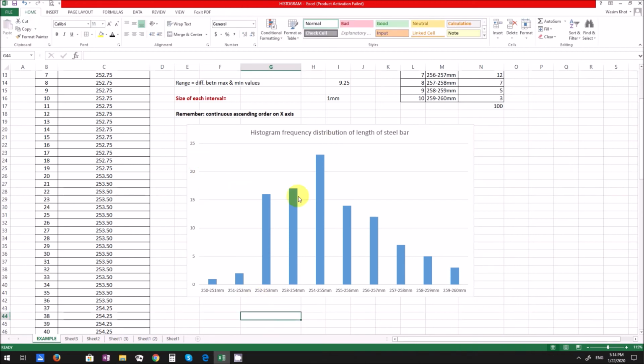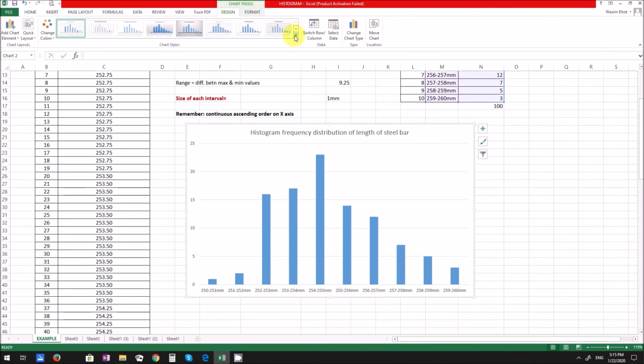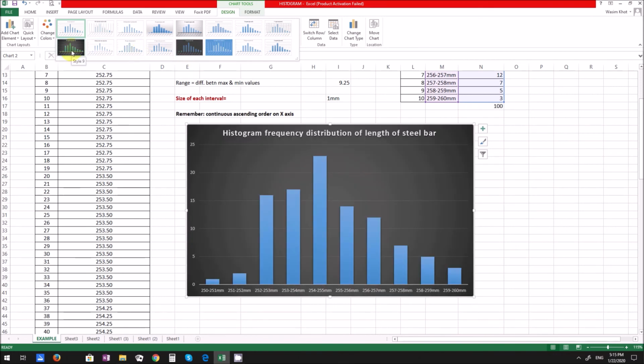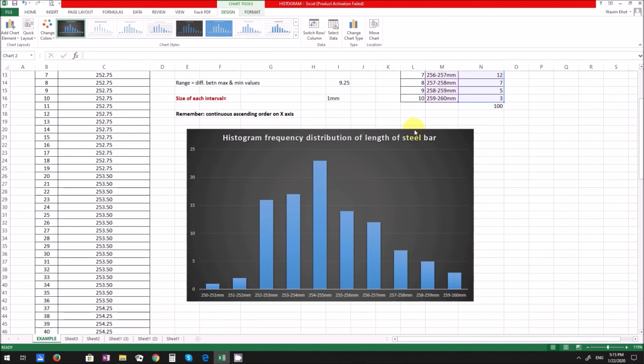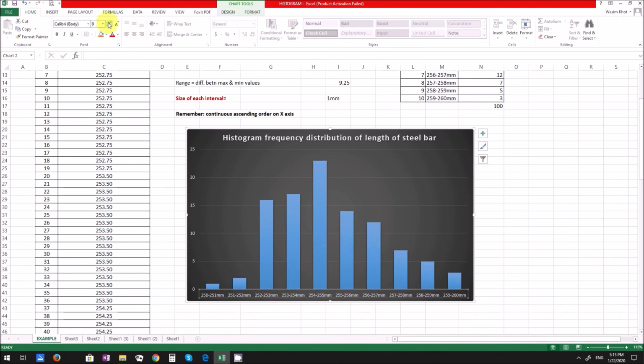So it shows the intervals and the frequency or the count of values in each interval. So let's have a different design, and remember that the histogram is prepared with no gap between the values, because the values of a histogram, as you can see here, are continuous.